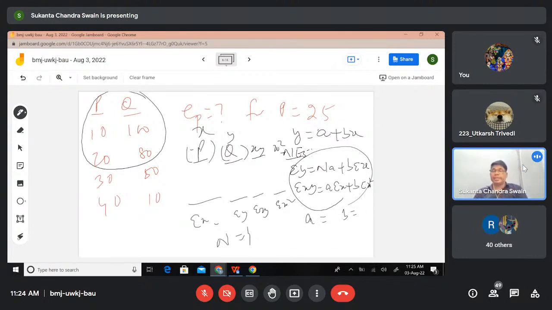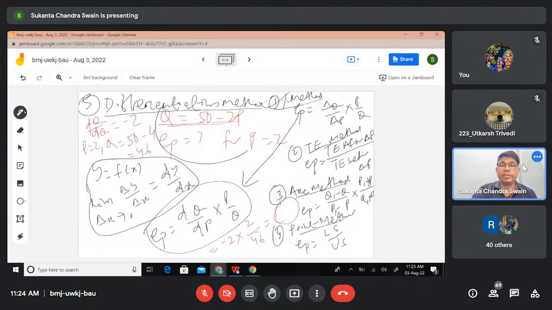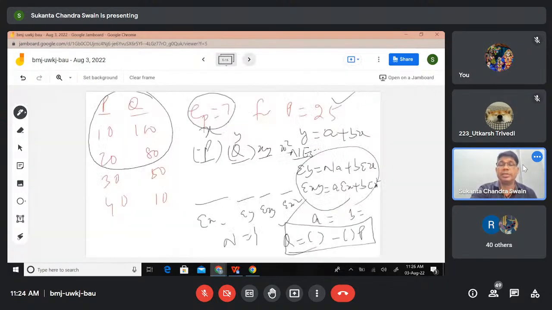Okay. Then finally, you can get the demand equation like Q is equal to something minus something, depending on the values of A and B. Then, if the demand equation is given, and price is given, then find EP means the differentiation method. What we have done in this one. Is it okay?